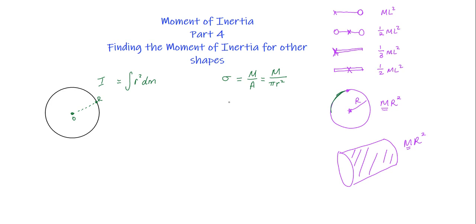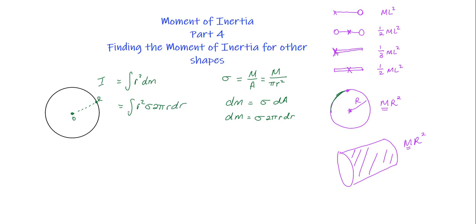Alright, so that would mean that the differential of every little sliver of mass is going to be equal to sigma times dA, and that would be equal to sigma times 2 pi r dr. So again, I'll change my variable of integration here from dm to dr by doing this, sigma 2 pi r dr.